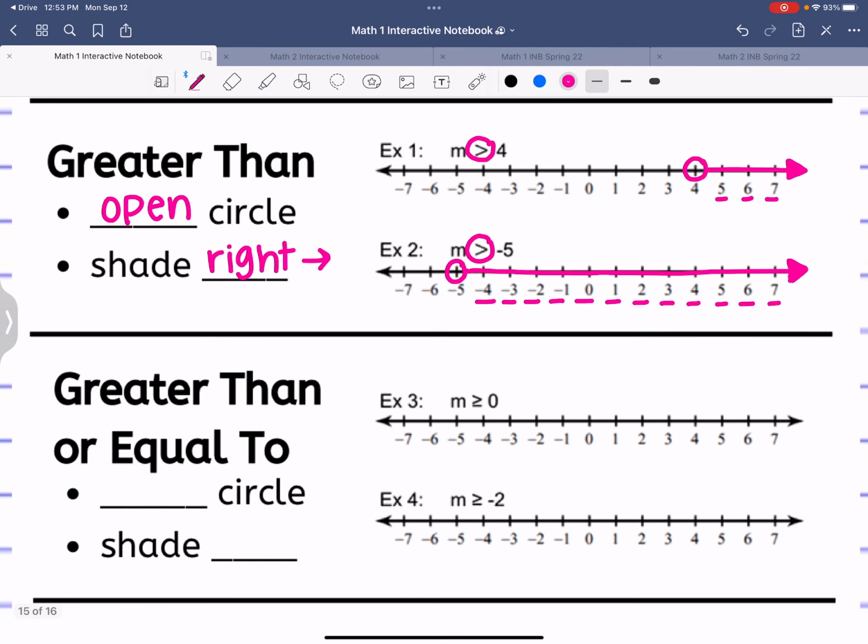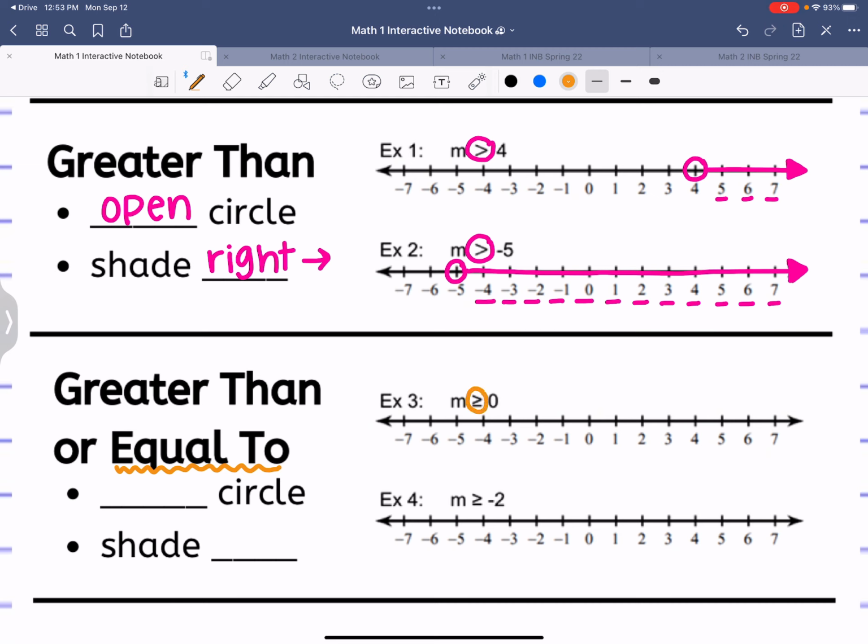The next inequality is greater than or equal to. Greater than or equal to is very similar to the process for graphing a greater than inequality. The only difference is this equal to section. With greater than or equal to, we can see that the symbol is very similar.